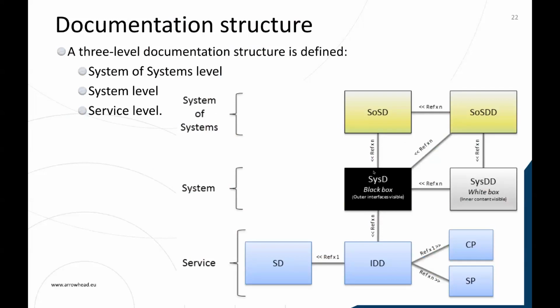But if we take a system, it will expose some type of services, and it has an interface description. It has a service description, and this interface description is then also having a communication profile and a semantics profile.